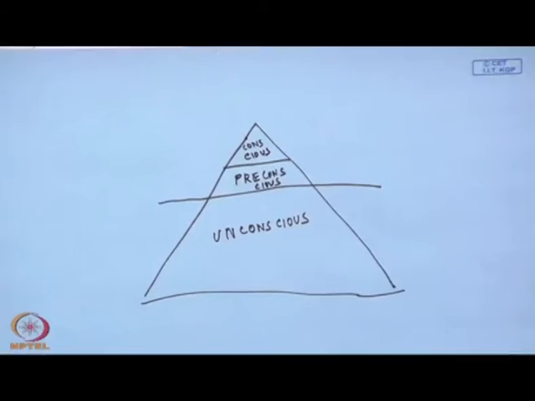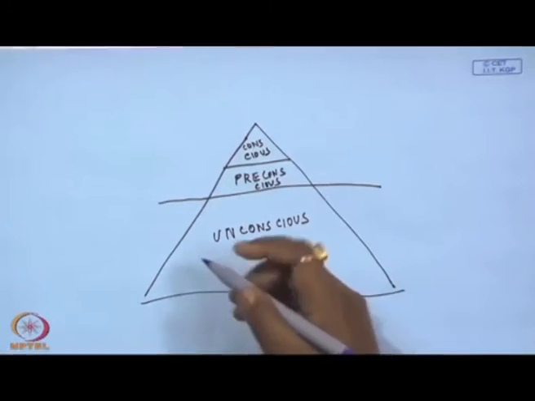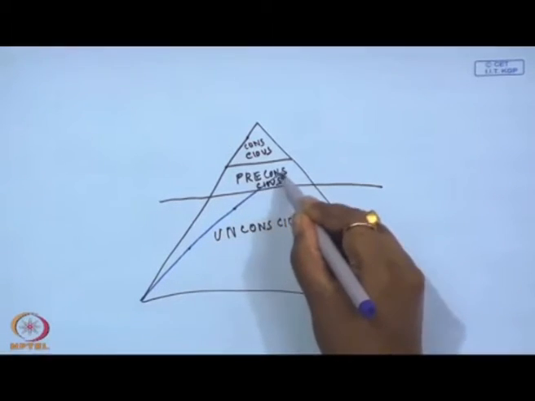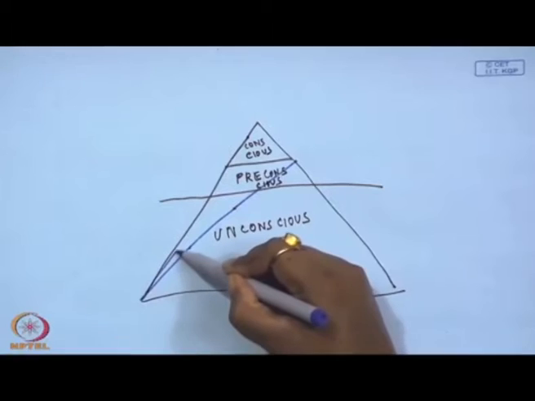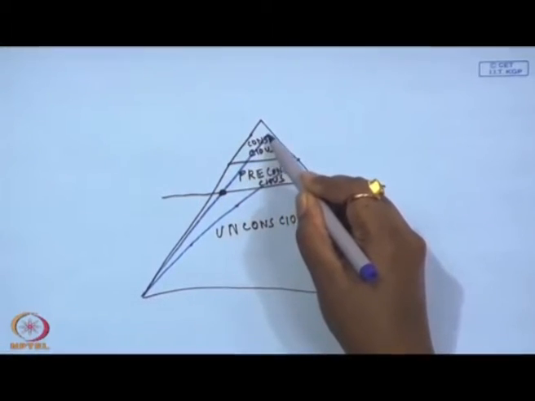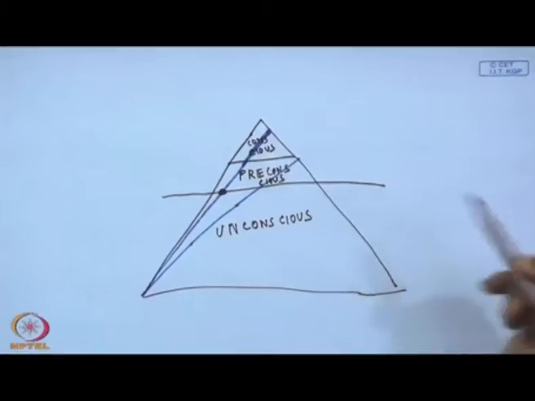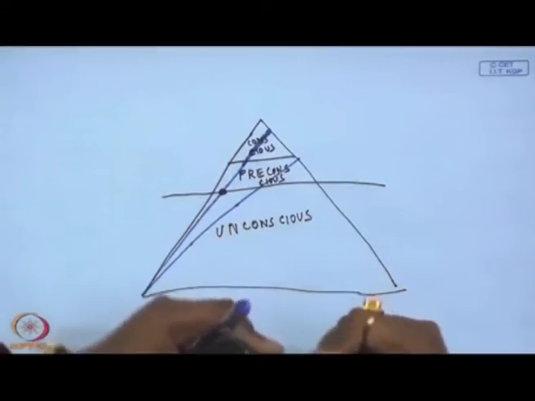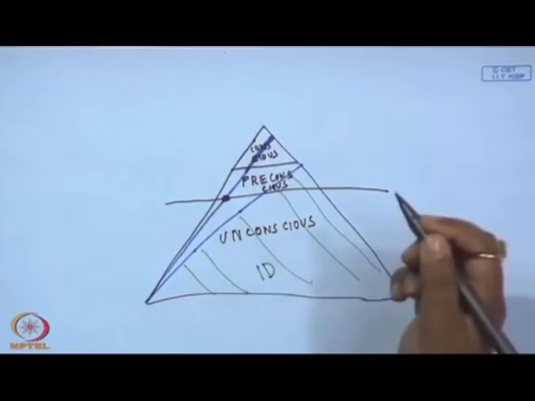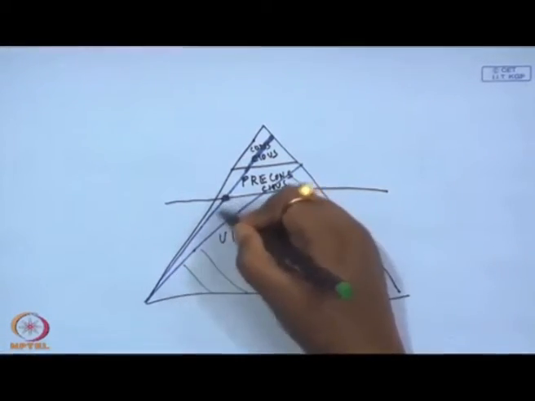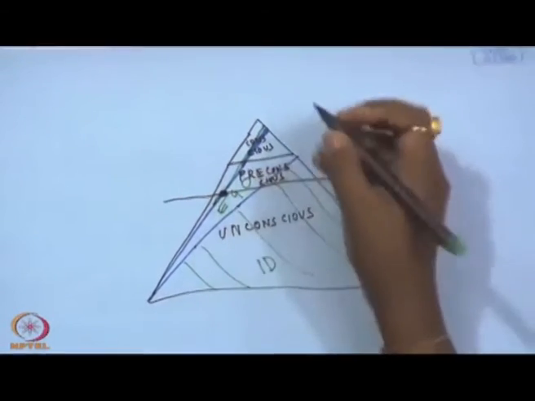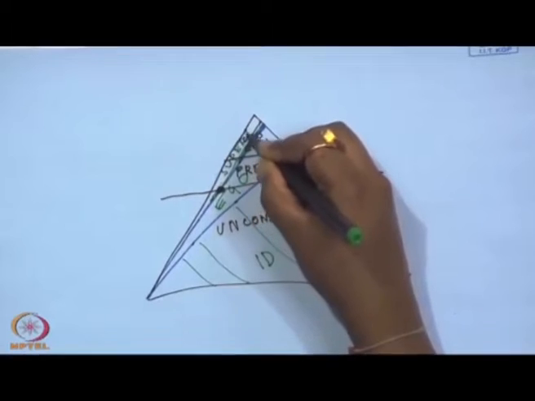Then we try to draw lines like this. Then maybe we can say this portion is majorly the id part, this slice of the cake is the ego part, and this part is the super ego.